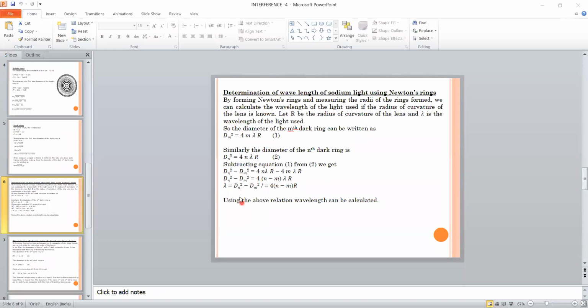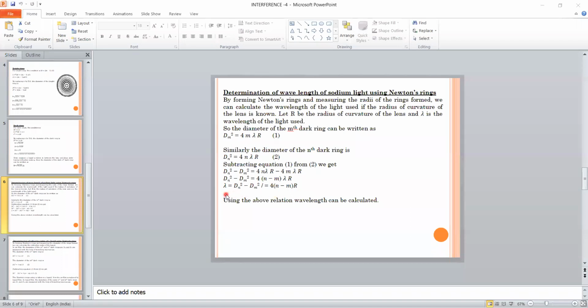So by using this formula, we can determine the wavelength of the sodium light. That means by knowing the values of D square n, the diameter of the nth dark ring, the diameter of the mth dark ring, and capital R, the radius of curvature of the lens.